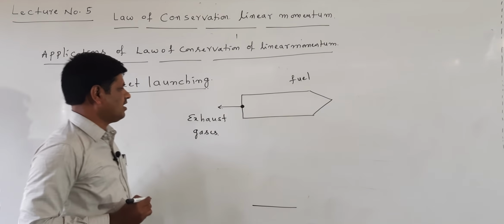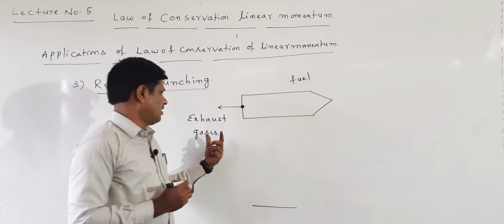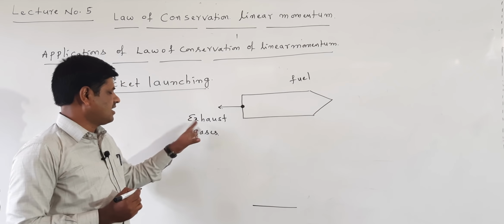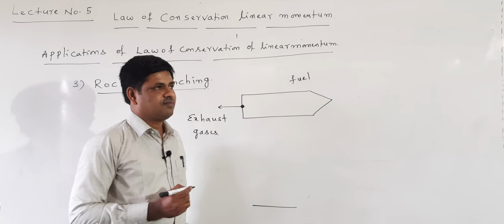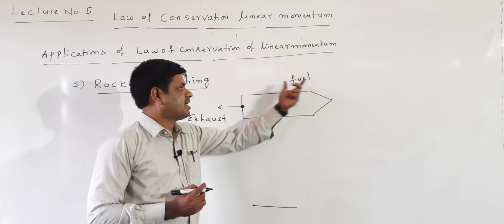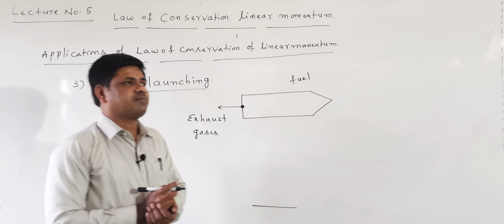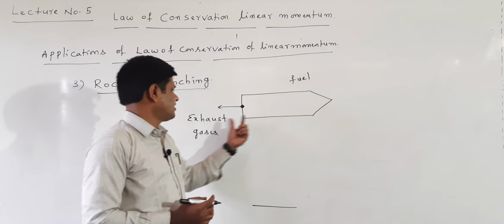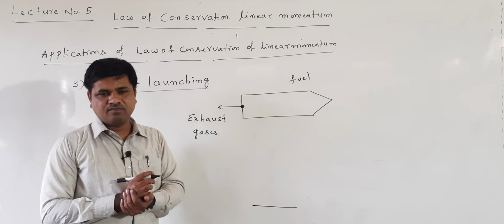The gases which come outside from the rocket are called exhaust gases. Why do the gases come outside? Once the rocket is started, the fuel in the rocket burns and the gases are released in the backward direction.